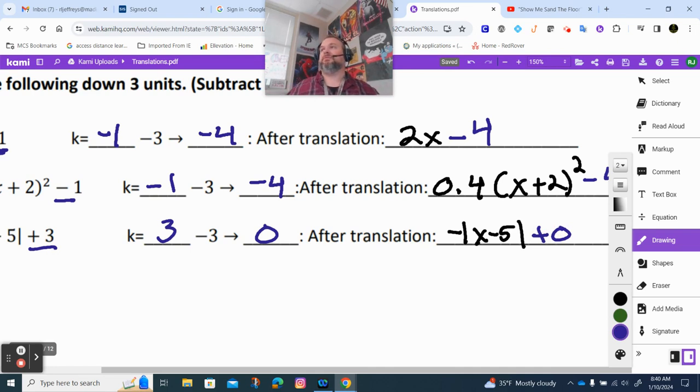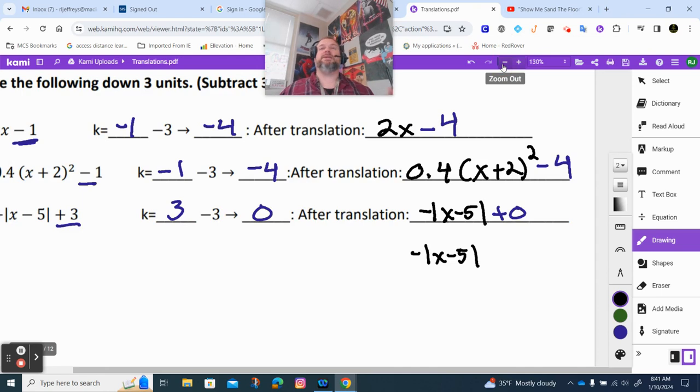I wouldn't count off. If you wrote it like this, it's also correct. Some people have to write the +0 or -0 so they can understand it. I'm okay with it. You can leave it off like we've seen in previous problems.